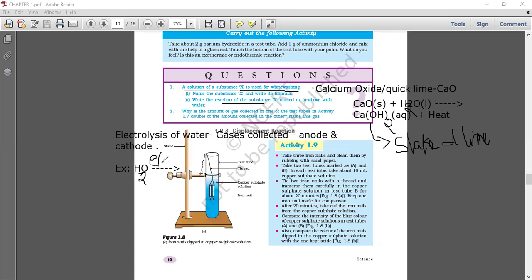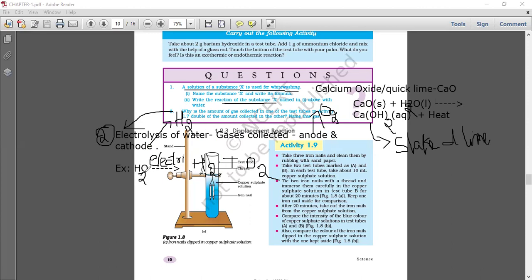When you pass electricity through H2O, this is the answer for the second question, you'll get hydrogen plus oxygen gas, which are collected. At the anode, oxygen gas is collected, and at the cathode, hydrogen gas. We observe that hydrogen gas will be more. So H2O gives hydrogen plus oxygen. Now, if you observe here, is it balanced?